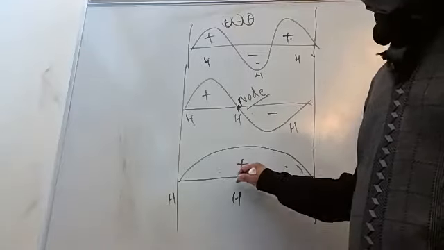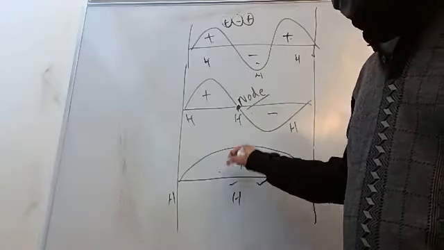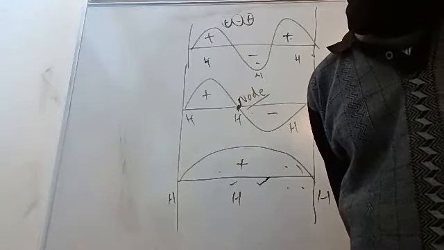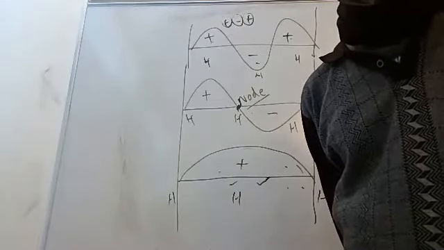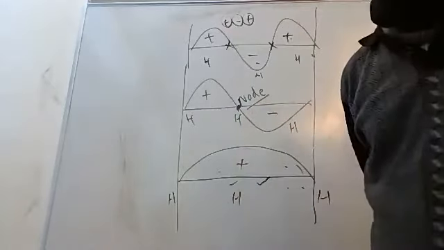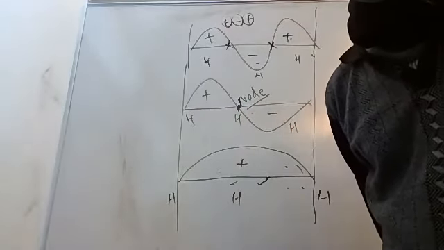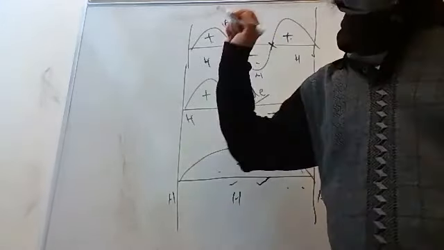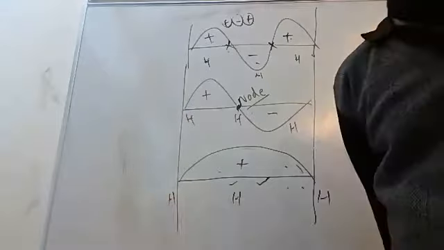The first one has 0 nodes. The second one has 1 node. And how many does the third one have? It is 2 nodes. There are 2 places where the wave function becomes 0. So as a result, this has a higher energy. The more the nodes, the higher the energy.